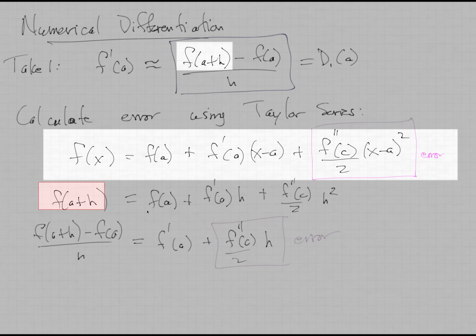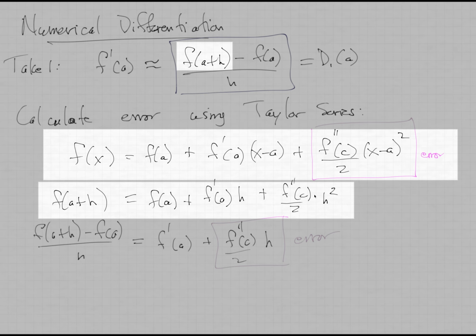So rewriting this, f of a plus h is equal to f of a plus f prime of a times h, and then plus the error term, which is f double prime at c over 2 times h squared.